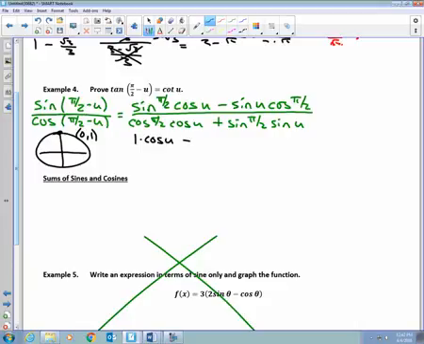Minus, over here, I have sine of u times the cosine of pi over 2. What's the cosine of pi over 2? 0. So you get sine of u times 0. Divided by, what's the cosine of pi over 2? 0 times the cosine of u plus the sine. What is the sine of pi over 2? 1 times the sine of u. All right, what happens?